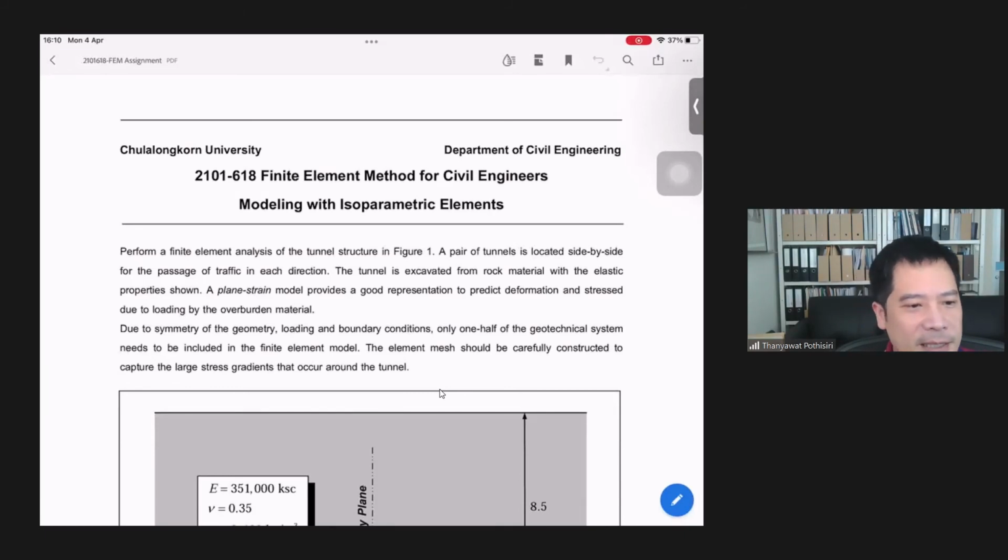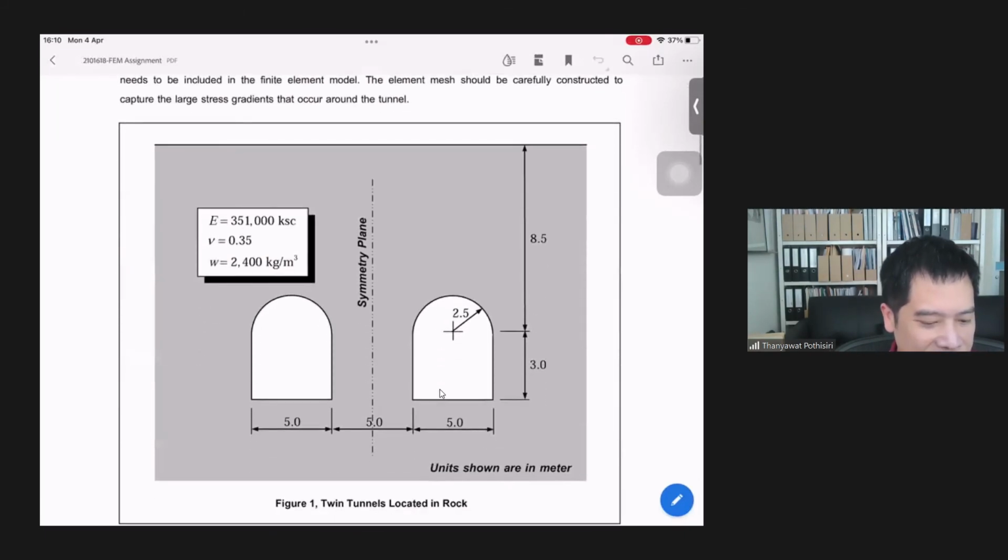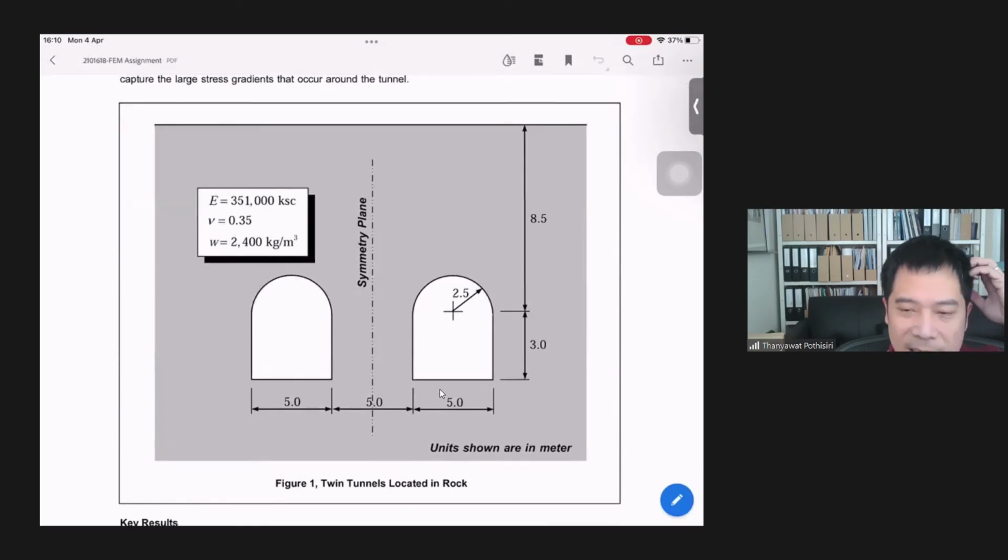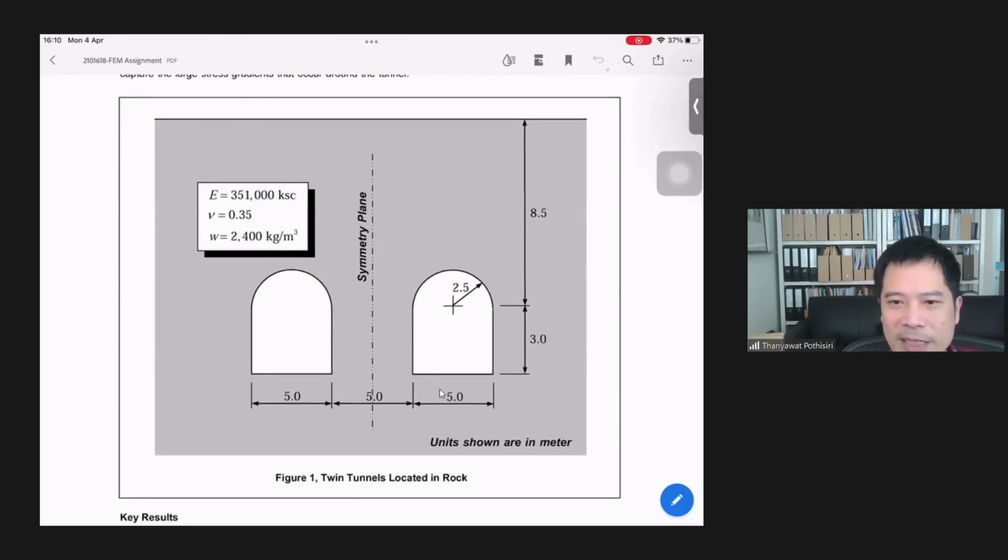In this assignment, we have a tunnel problem like this. These are twin tunnels. By twin, I mean everything looks exactly the same for each of these tunnels.